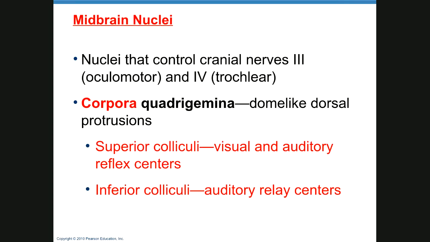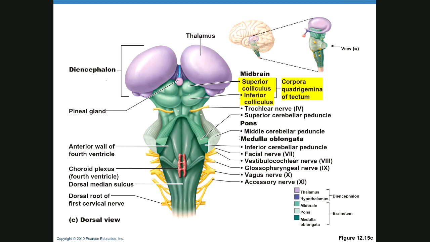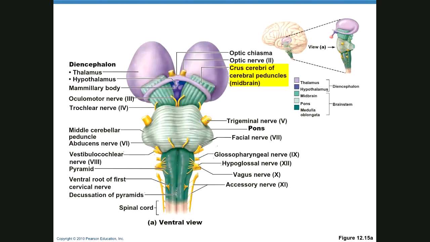Remember from chapter 11 that somatic motor neurons were group A neurons, huge neurons with huge axons and heavy myelination. They're so big that they create these visible large tracts as they travel through the mesencephalon. That is what we call the cerebral peduncles.